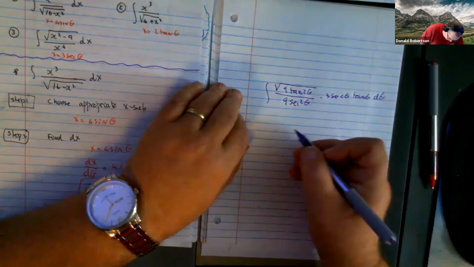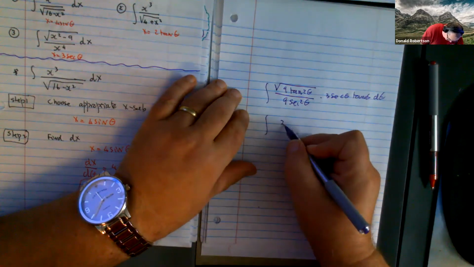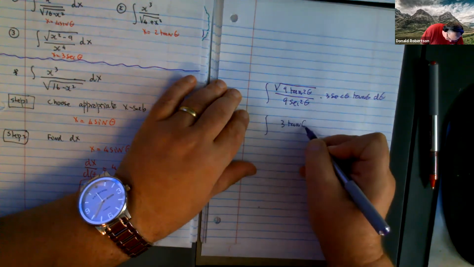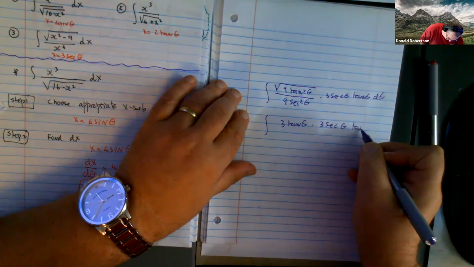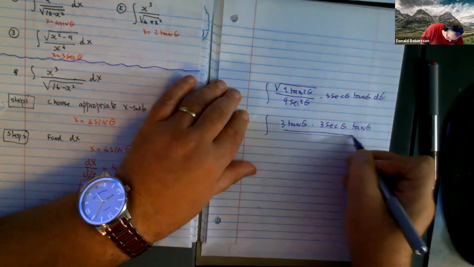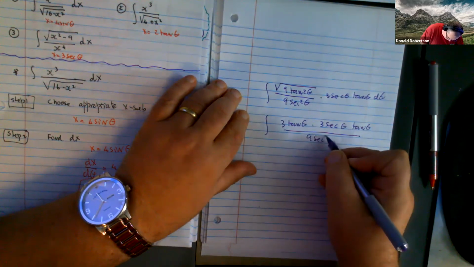So what we now have is 3 tan theta, 3 secant tan theta over 9 secant squared theta d theta.